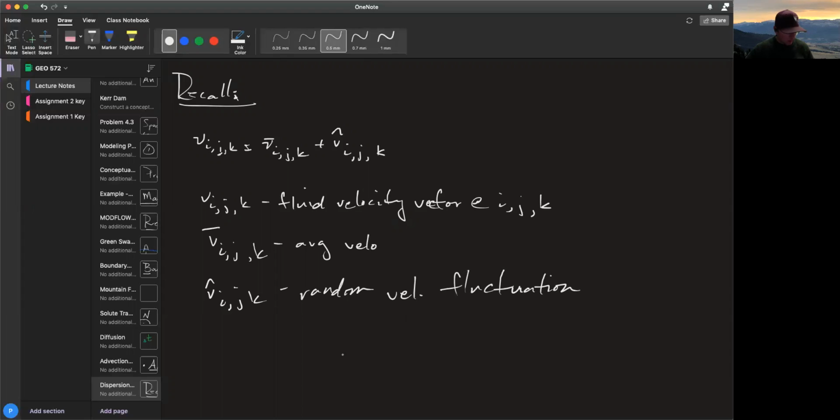All right, and we said that this random velocity distribution leads to a process called mechanical dispersion.